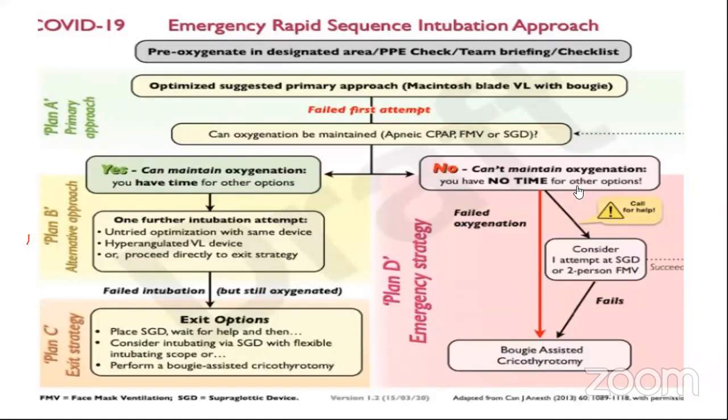This is very, very important, whether it's rapid sequence or even routine intubation. You have to examine your patient thoroughly, trying to find out or to discover what might cause difficulty while you are intubating.